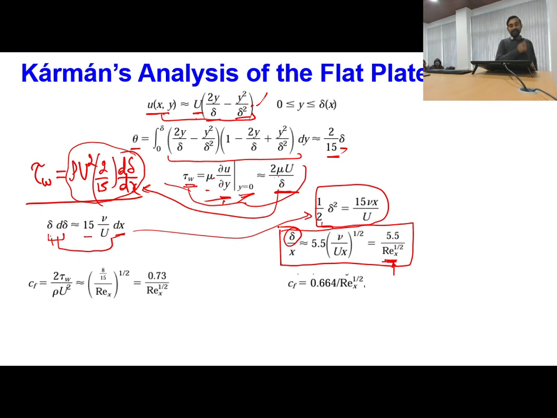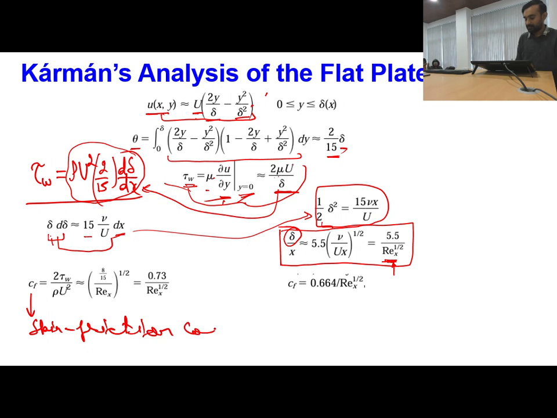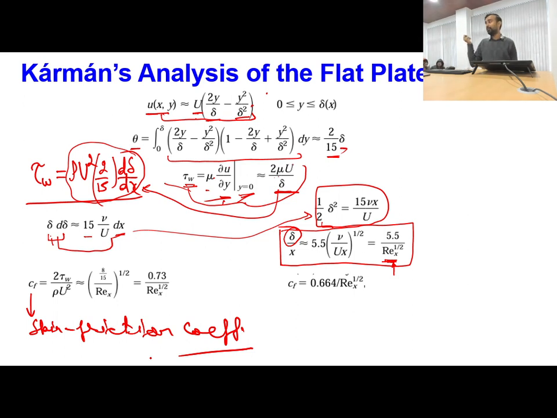Now, the same can also be used for calculating the friction coefficient. This CF over here is called the skin friction coefficient. So the way we had the friction factor for internal flows, where we had one important parameter called the friction factor, similarly over here we have one factor which we call the skin friction coefficient.